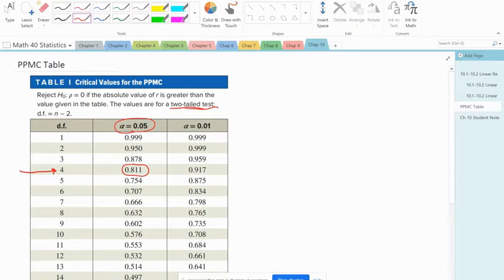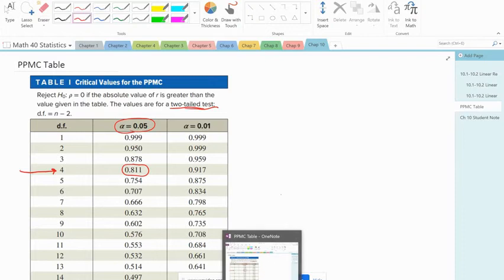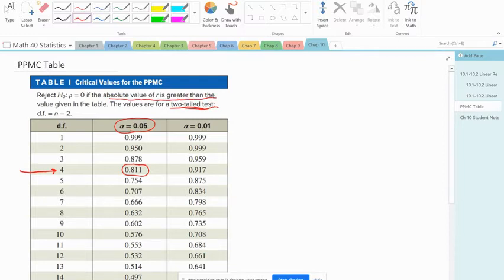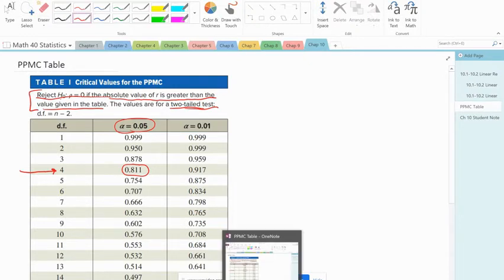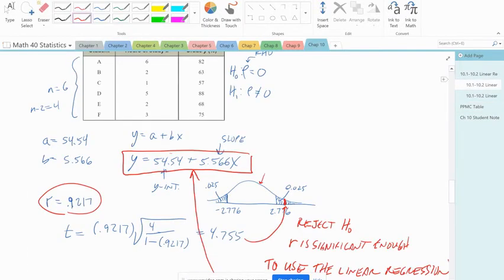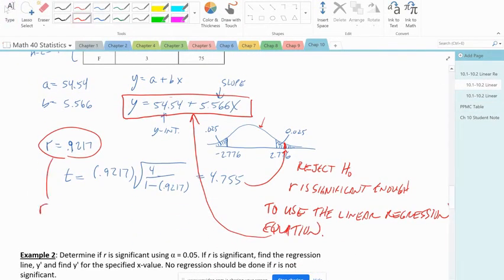And so in this case, it says if the absolute value of R is greater than the given value, we're going to reject H0. Okay, so it tells you right here, reject H0 if the absolute value of R is greater than the given value in the table. So in this case, the absolute value of R is greater than 0.811.